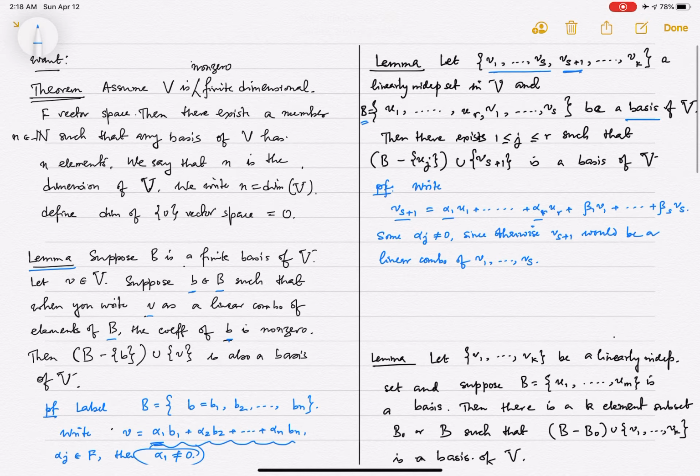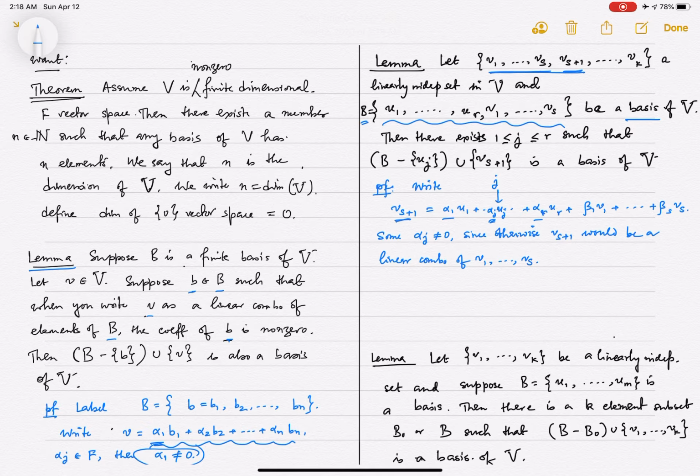And that's not possible because these guys are independent, you see. So one of them cannot be written as a combination of the other guys. Which means that when I write Vs plus 1 in terms of all these, one of the u's, some jth term, must occur with non-zero coefficient.